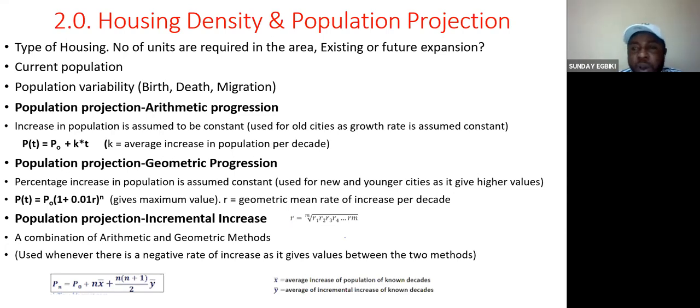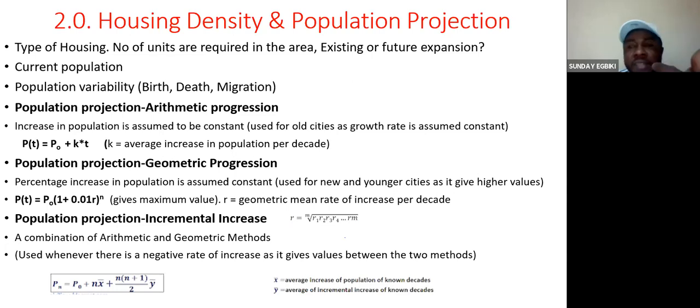In that case, you have to determine the population variability of that estate or community, because there is birth rate, there is death rate, and there is migration. Some people even leave, either as immigration or migration. When you get that, you will be able to determine the current population of that area, probably from the population census, which is normally conducted every 10 years.